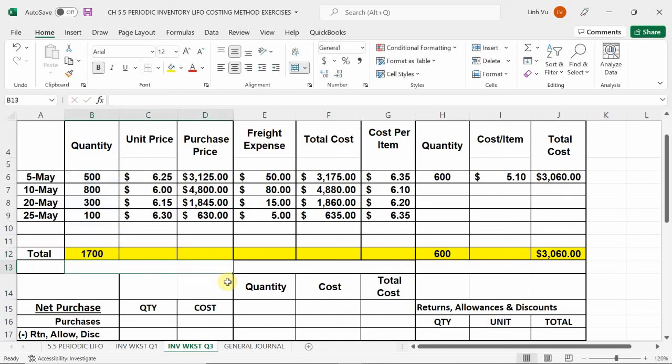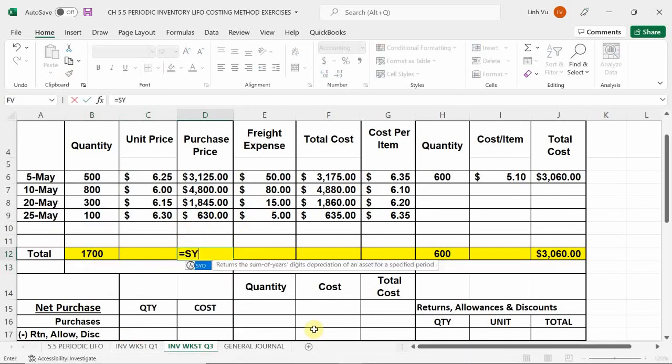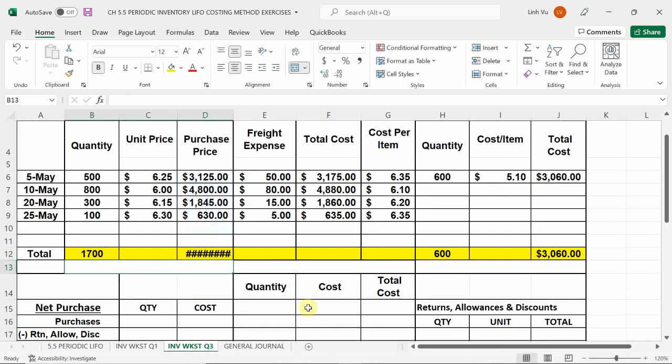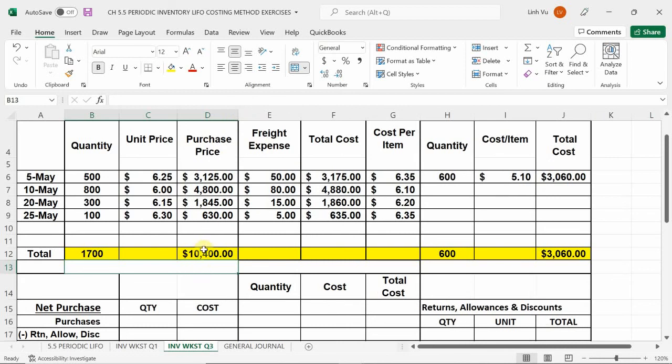You purchased 1,700 units, at a grand total purchase price of $10,400, plus 150. That's easy math. 10,550 is your total cost.